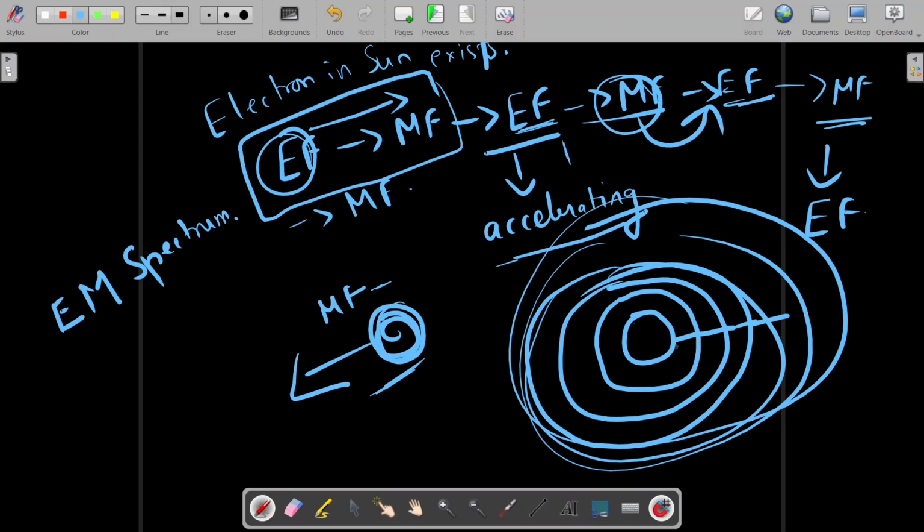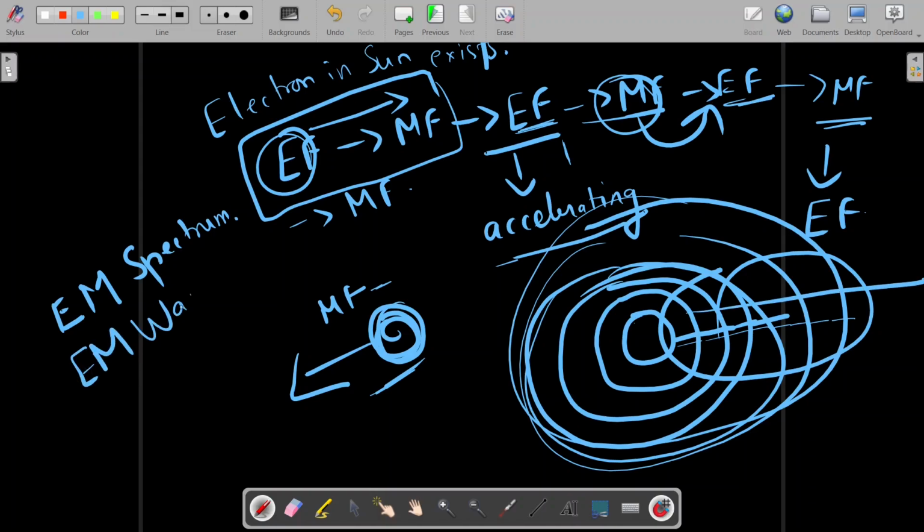So this is our spectrum, and it is propagated as a wave, so it can also be called electromagnetic waves. Of course, it is radiated from the sun, so it is a radiation, so it is an electromagnetic radiation.